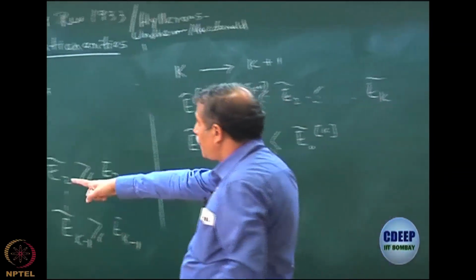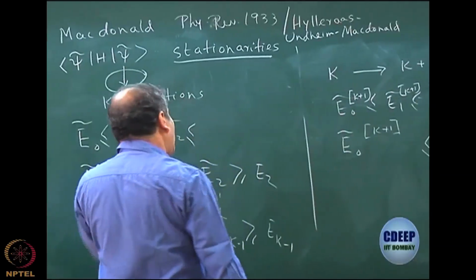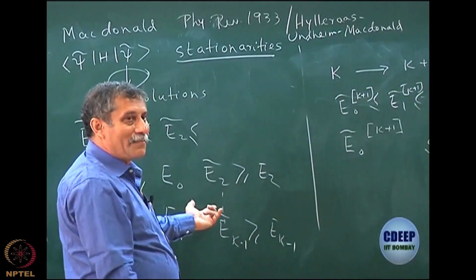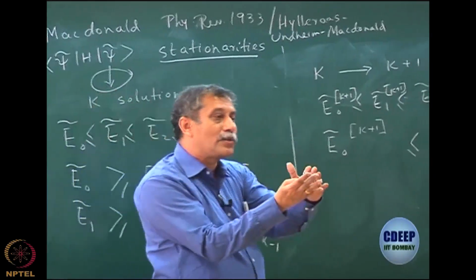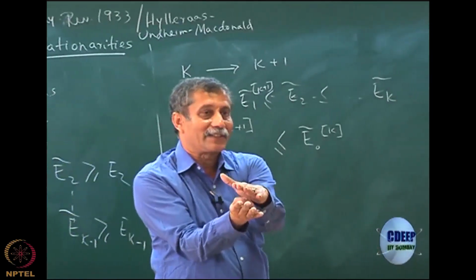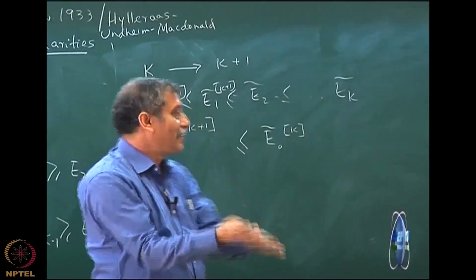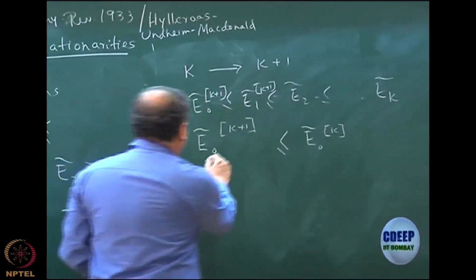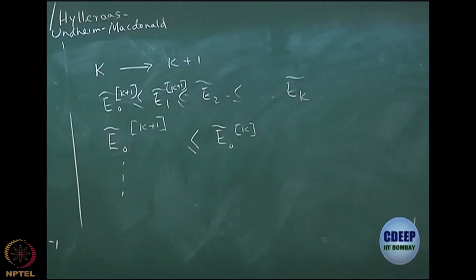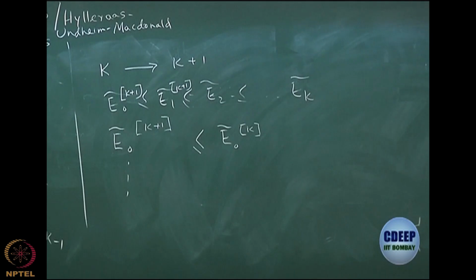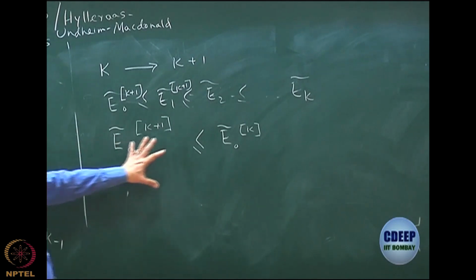Now I know from here, lowering the energy is very good for other states also, because each of them is an upper bound. So each of them is coming very nicely closer and closer to its own excited state energies, and so on. So I hope this part is clear.